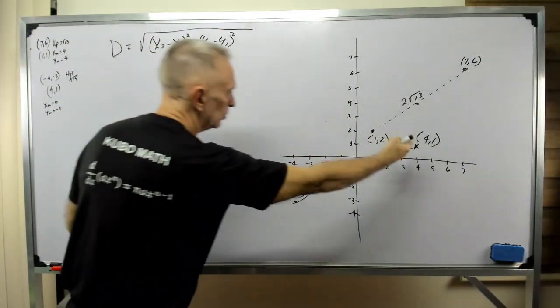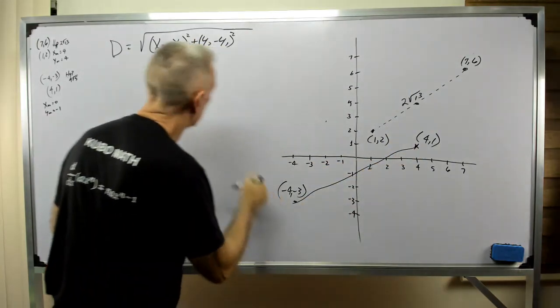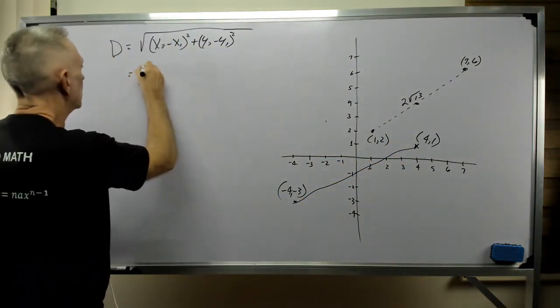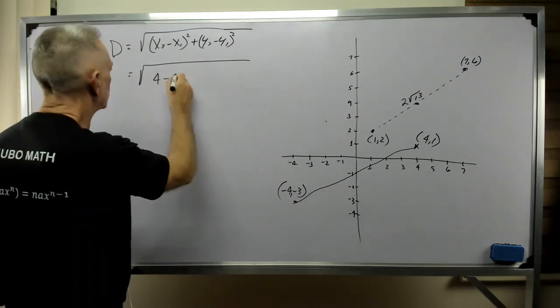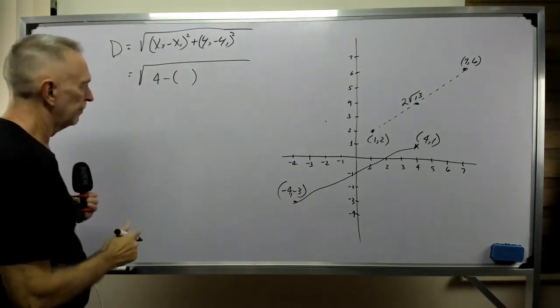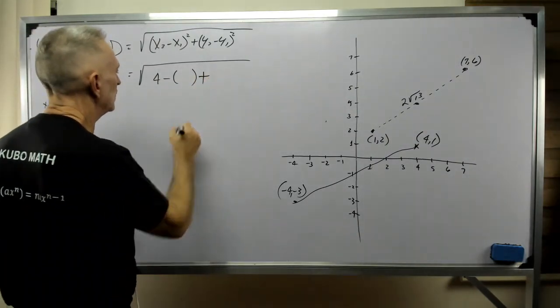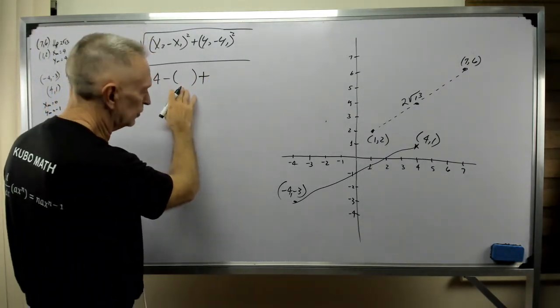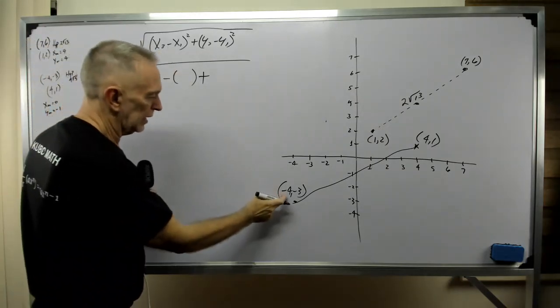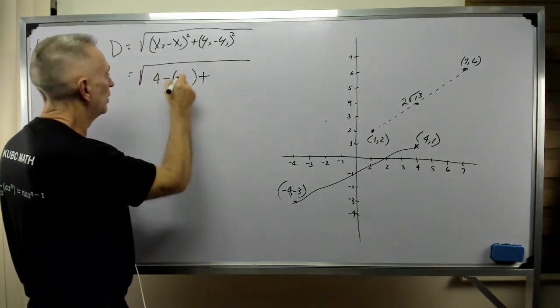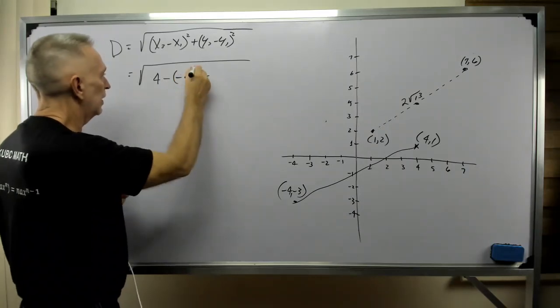x sub 2, we'll just call it 4. Get my square root sign here. 4 minus something plus, and that something, the reason I put it like this, don't let that negative throw you off. It goes right there.